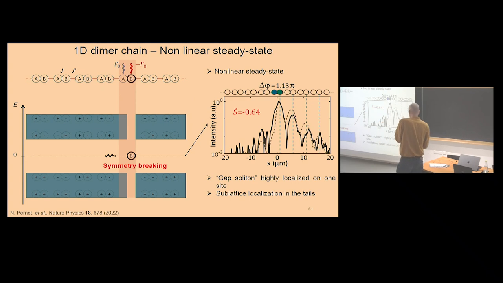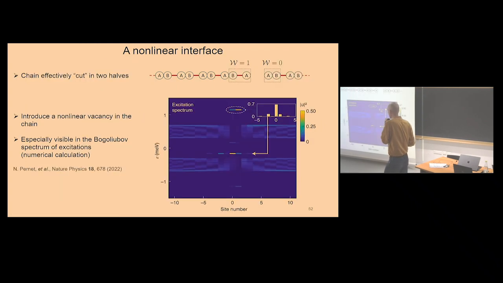So that's the kind of state that we have, and this actually has a name. It's called a gap soliton, because you excite in the gap, you shift nonlinearly the site to a given energy, and then it doesn't move. I'm almost finished.